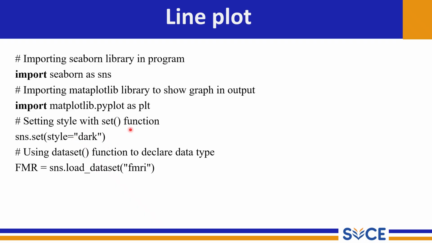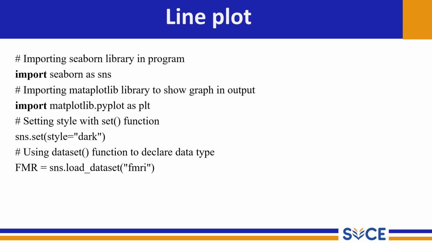Whatever color you wish to give, you can go for it, like dark or light. And next I'm going to load the dataset. I'm using a variable equal to sns.load_dataset of fmri. This is the dataset I'm loading.